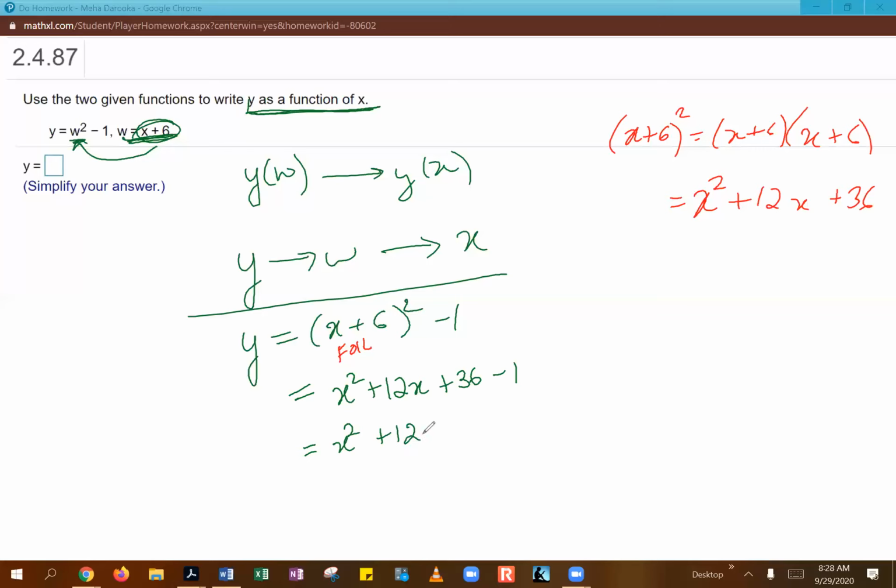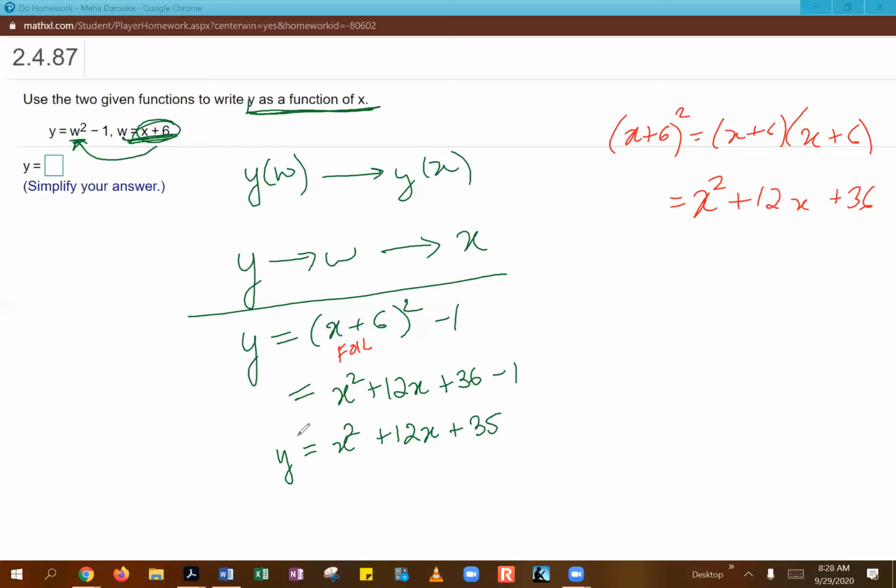So it looks like Chloe and Michelle, you guys ended up missing that middle term in there. So yeah, this should be y equals x squared plus 12x plus 35. And looks like Jacob, you also missed your middle term in there.